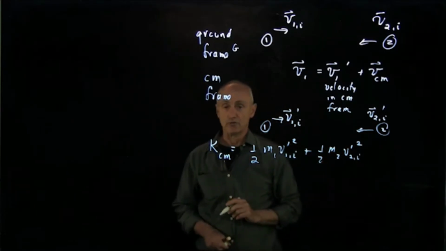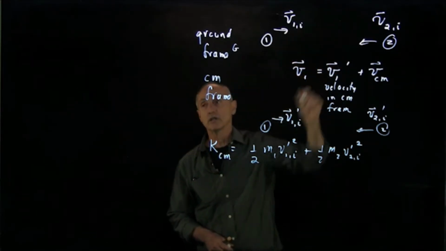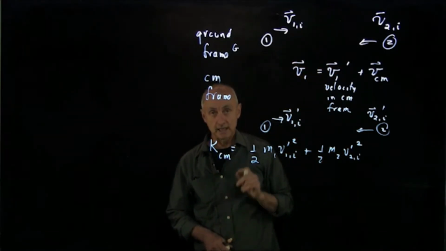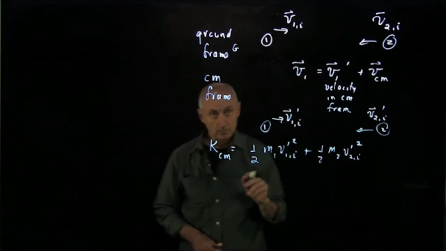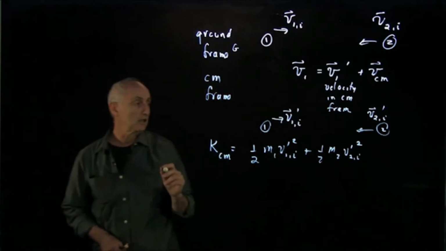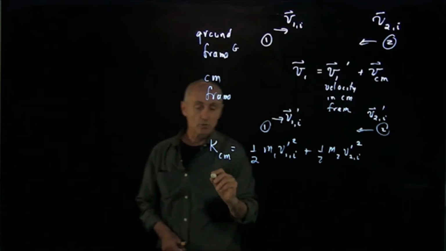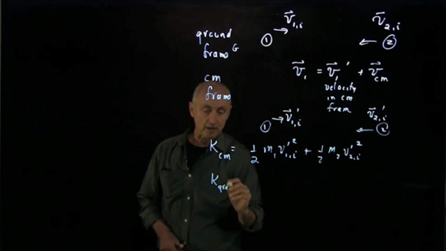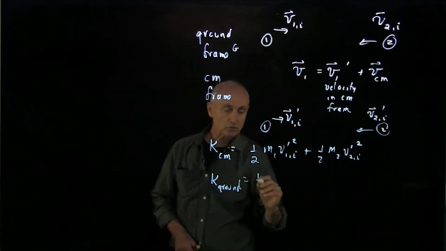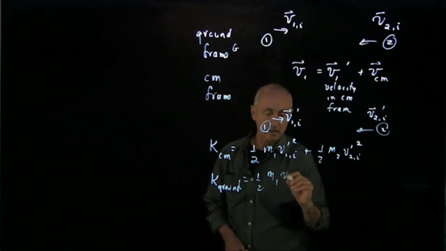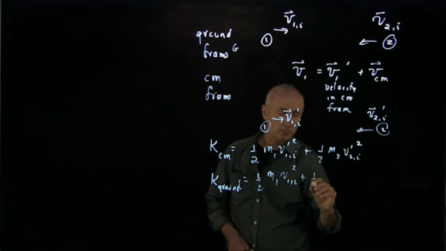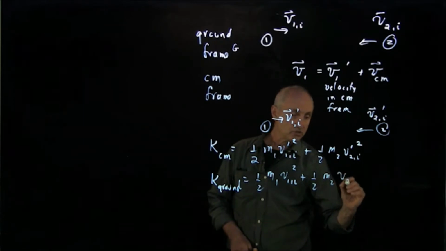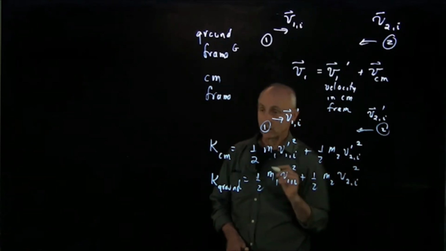How do we calculate the kinetic energy in the lab frame? Well, that's a little bit more complicated, and we'll need a little algebra. The kinetic energy in the ground frame is 1/2 m1 v1 initial squared plus 1/2 m2 v2 initial squared.